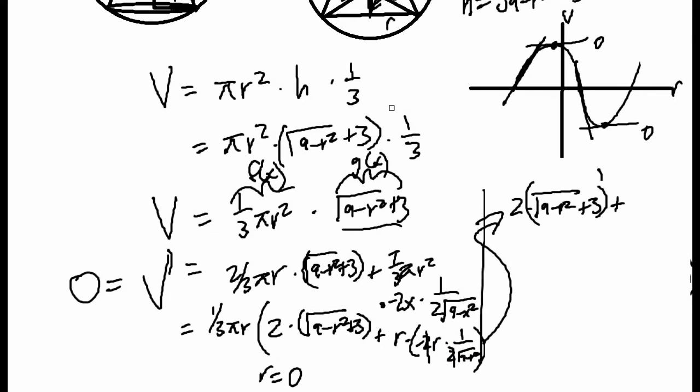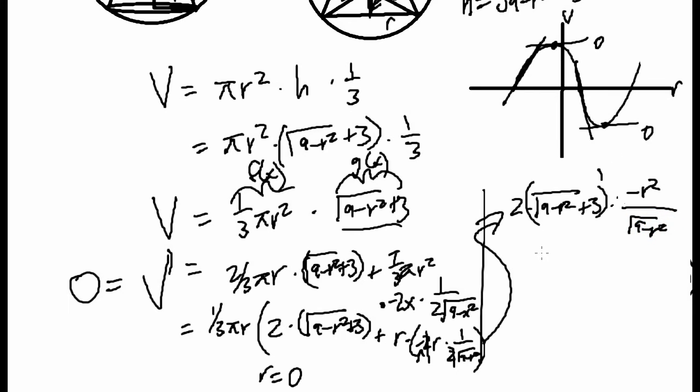Actually, that would be minus, because we have a minus sign in here, and then we can multiply the two r's together to get r squared. So that would be negative r squared over square root of 9 minus r squared.